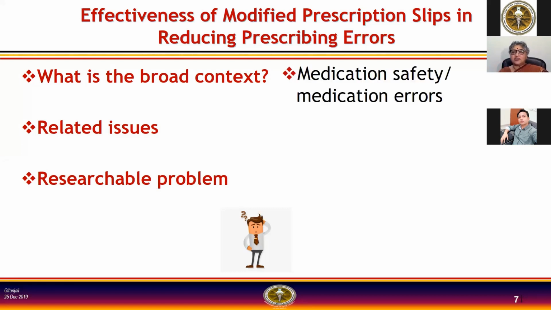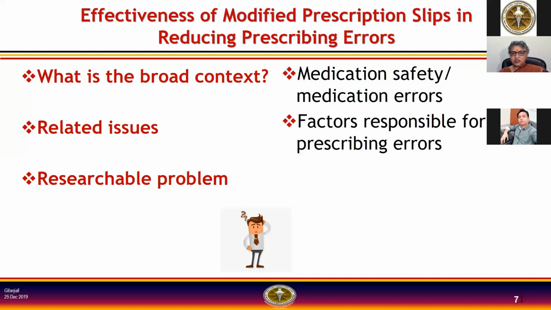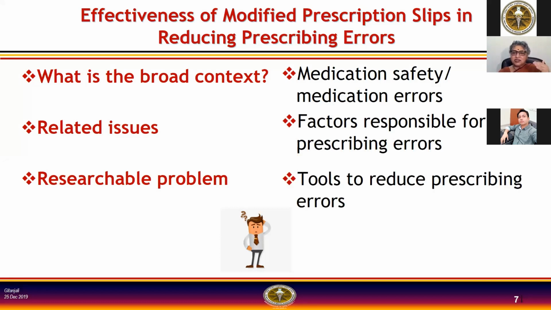The broad context will be medication safety or medication errors. The related issues will be factors responsible for prescribing errors. And the researchable problem will be tools to reduce prescribing errors, isn't it?